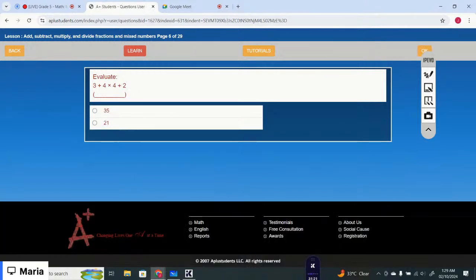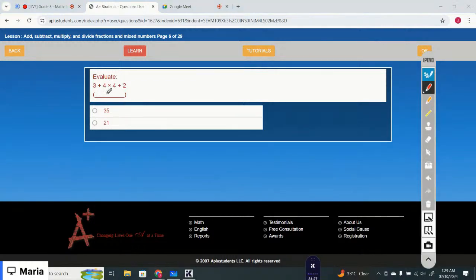Okay, the next one is 3 plus 4 times 4 plus 2. You have to perform multiplication first, right? 4 times 4 is 16, and 16 plus 2 is 18, 19, 20, 21.